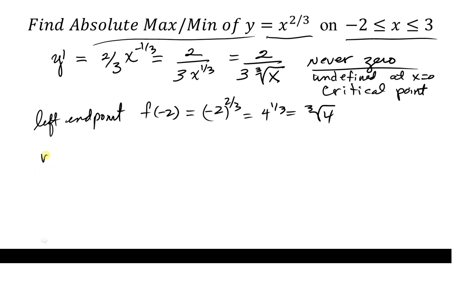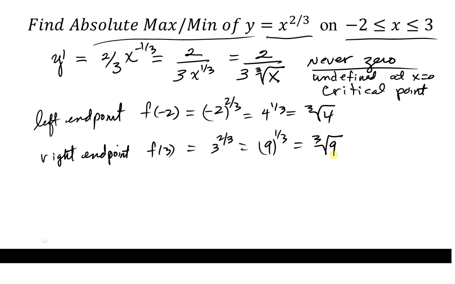And at the right endpoint, f of 3 is equal to 3 to the 2/3 power, which is equal to 9 to the 1/3 power, which is the cube root of 9.